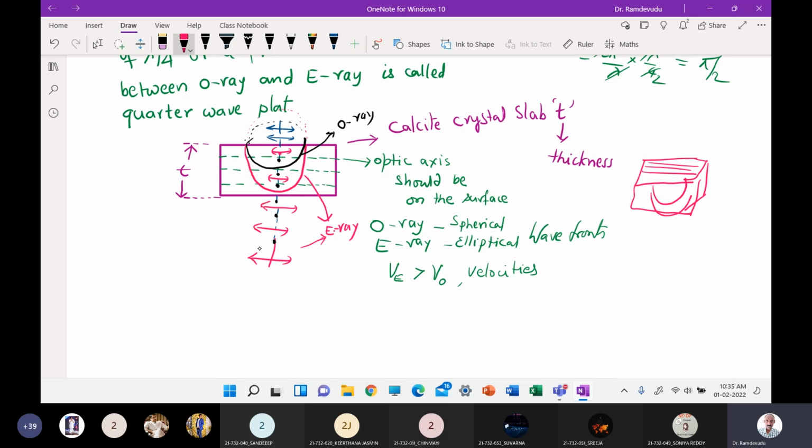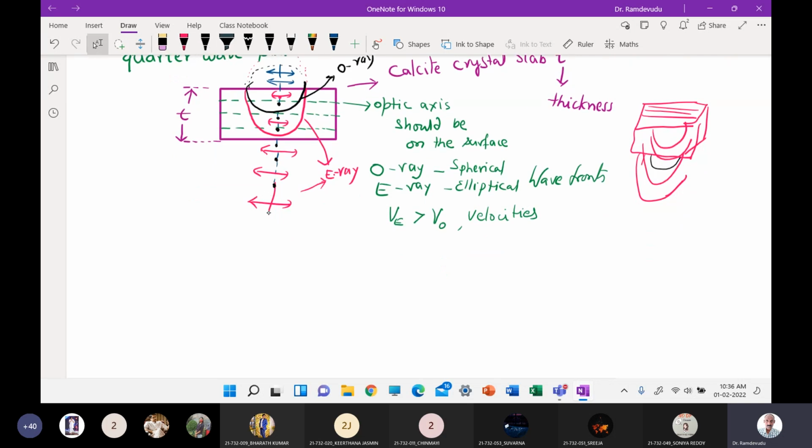Hence, E ray moving faster will come out of it first, and after that O ray will come. Hence, we can make a difference between O ray and E ray arrivals or transmissions. Therefore, that depends on how much thickness you are taking.